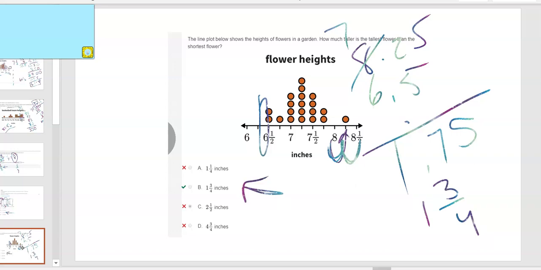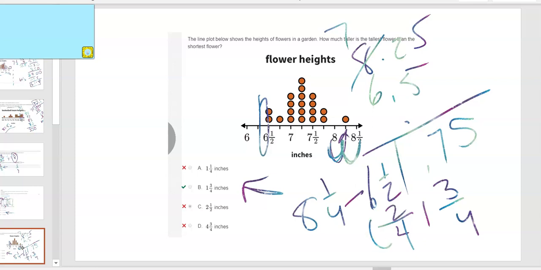If you had done it using inches, you could have said 8 1/4 minus 6 1/2. Make those both a quarter. So the denominator will be 4. You multiply 2 times 2 to get that. So 2 times 1 is 2. So that's 6 2/4. 8 1/4 minus 6 2/4.